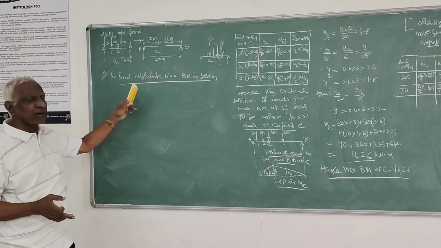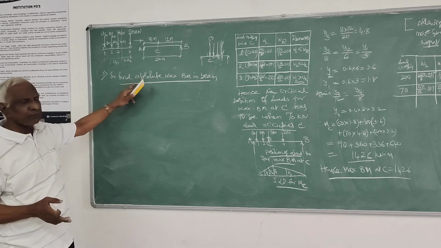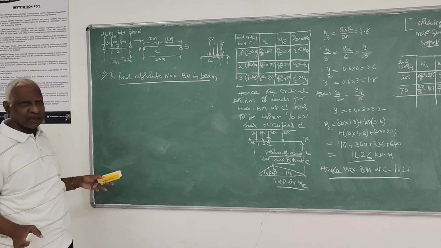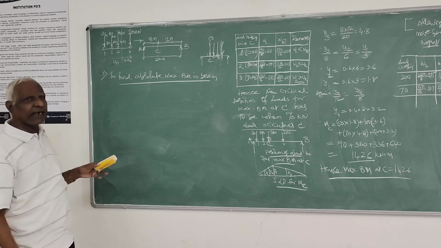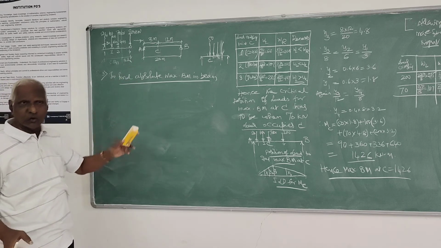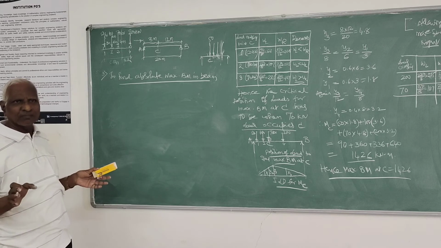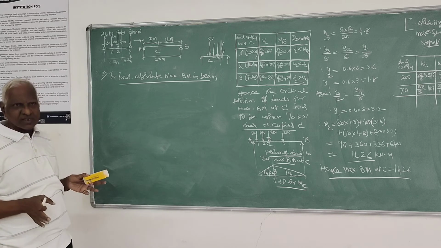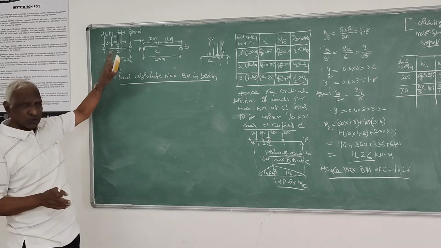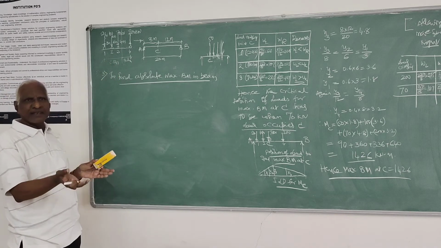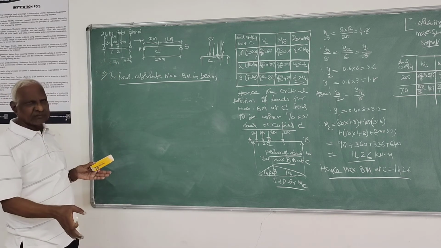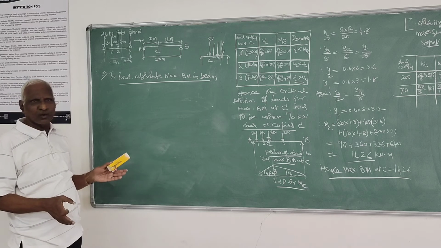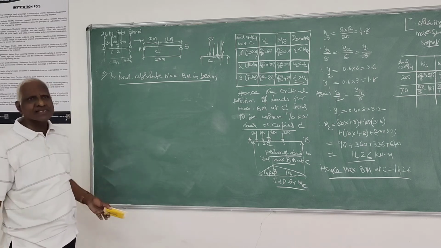So the absolute maximum bending moment will always occur under a load which is closer to the center of the loads, and that load we have to keep at equidistance, that center of the loads as well as that particular load, at equidistance from the center of span.